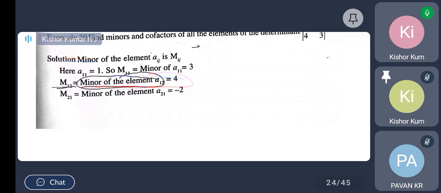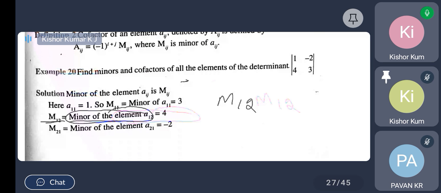So M12 is equal to, just observe, here i is equal to 1, j is equal to 2, meaning first row, second column. This is the element. Now we have to delete the corresponding row and corresponding column. So the minor value is 4. That is the minor M12.